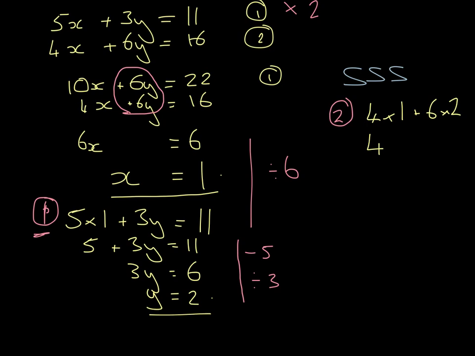Well, 4 times 1 is 4, plus 6 times 2 is 12, and that equals 16. We now know our answer is correct, and we can write it as a coordinate with our x value of 1 and then our y value of 2. Voila!